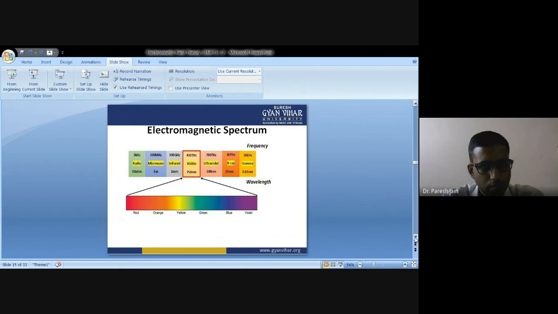Visible frequency range, that is 430 terahertz with 750 nanometers of wavelength. Ultraviolet 790 terahertz. X-rays 30 petahertz, and the last one is gamma rays, that is 30 EHz, extreme high frequency.